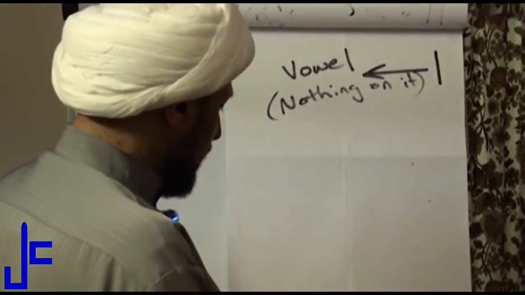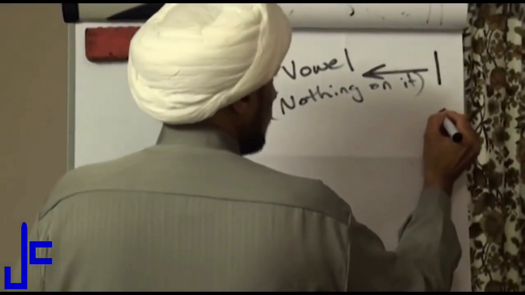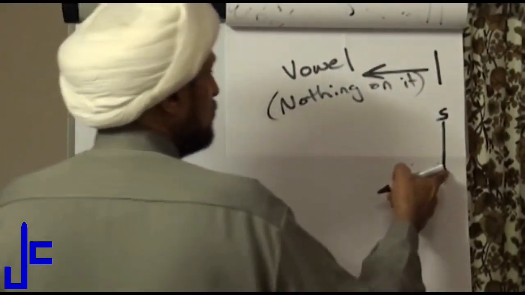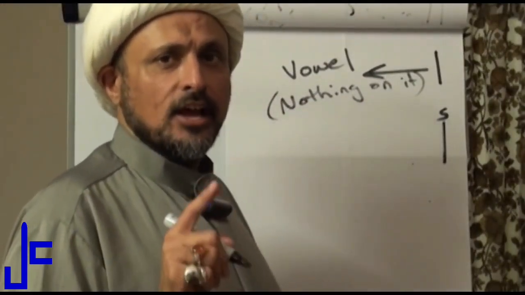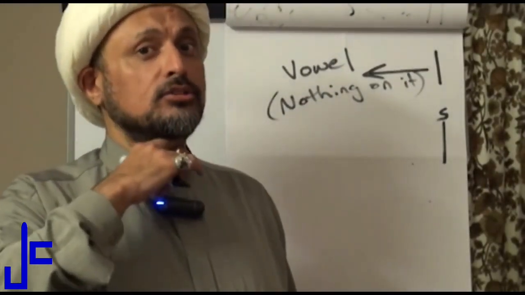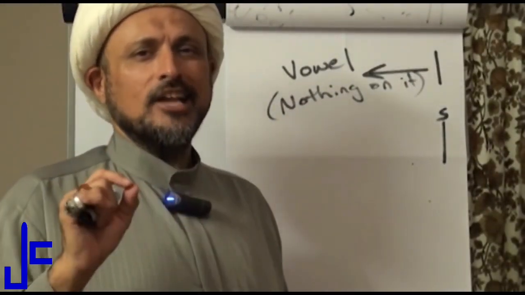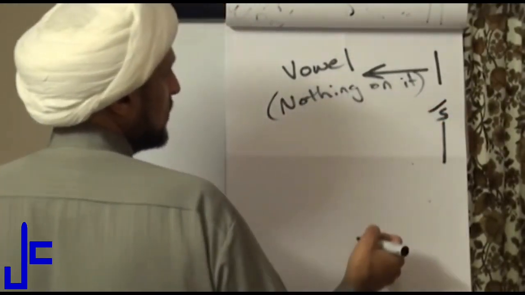But whenever alif has Hamza on it, or underneath it, then it's a consonant. So it's a glottal sound. Not that strangling sound. It's ah.